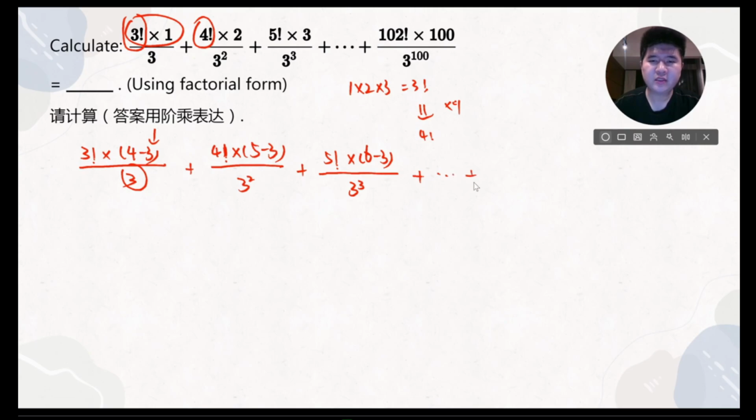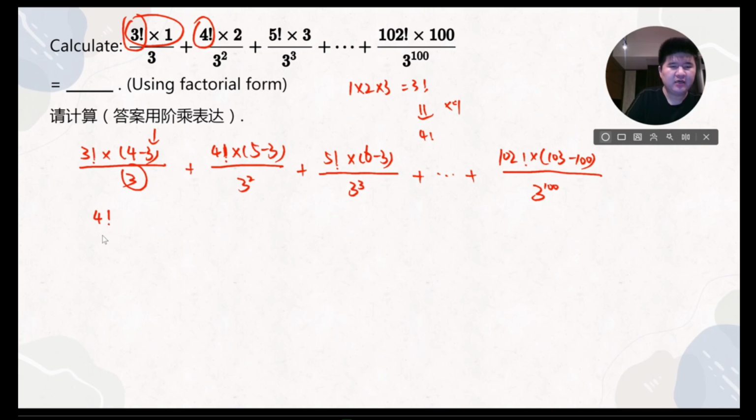Keep doing that until the end, and then we just split everything. So for the first part, the factorial of 3 multiplied by 4 is a factorial of 4. 我们第一个3的阶乘乘4是4的阶乘。Don't forget to divide by 3.